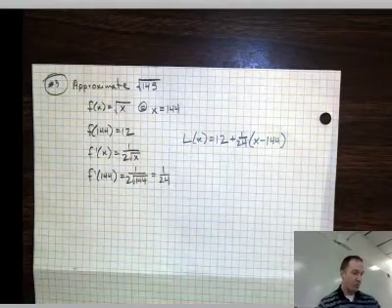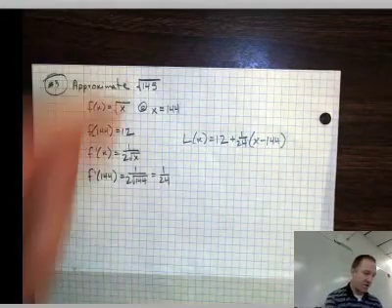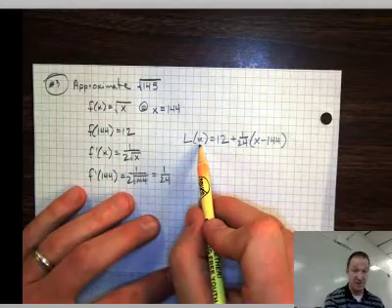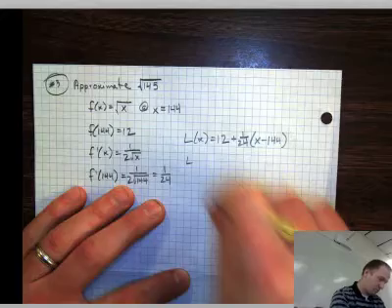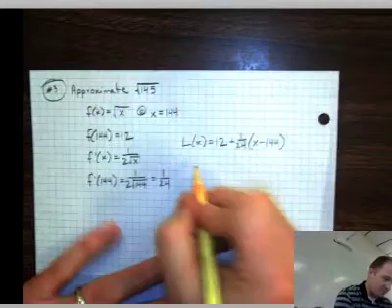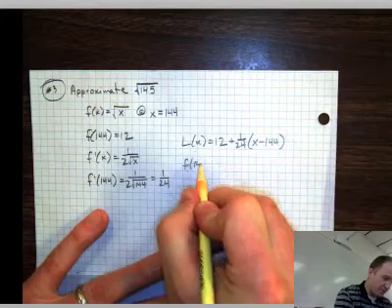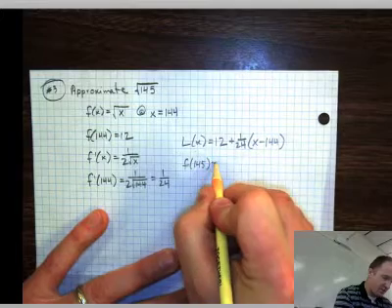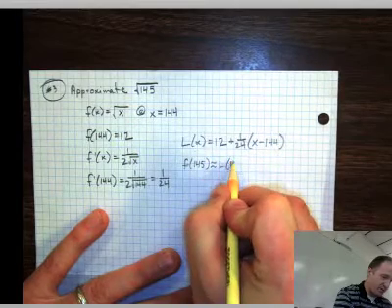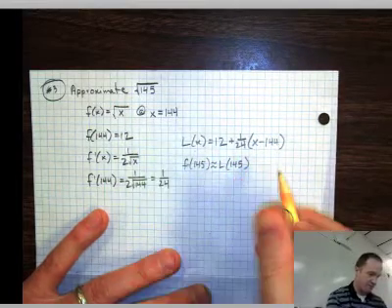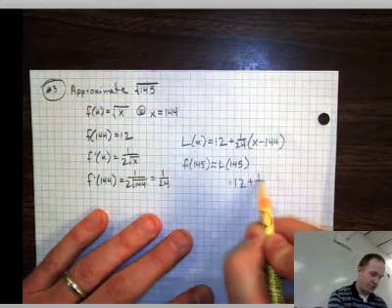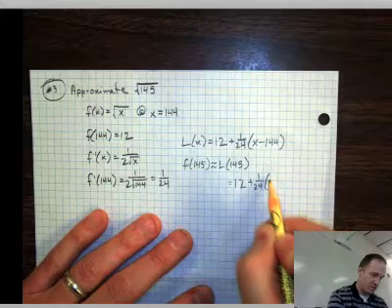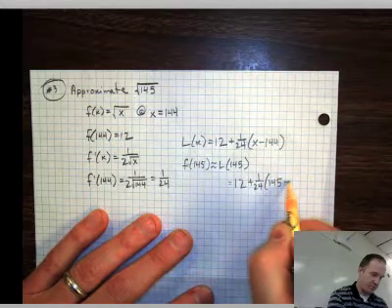So if we wanted to approximate 145, all we've got to do is evaluate this at 145. So f of 145 is approximately L of 145. So just 12 plus 1/24 times 145 minus 144.